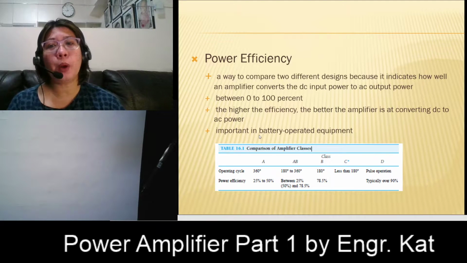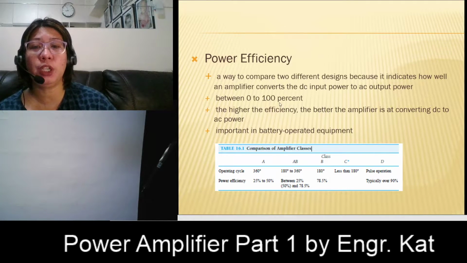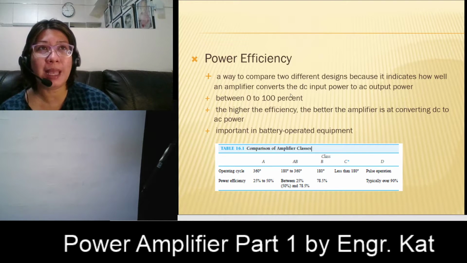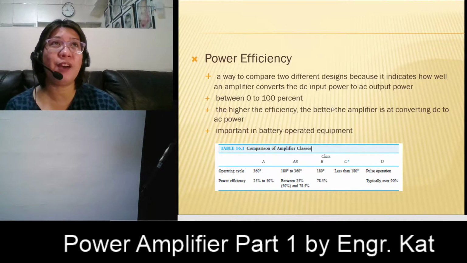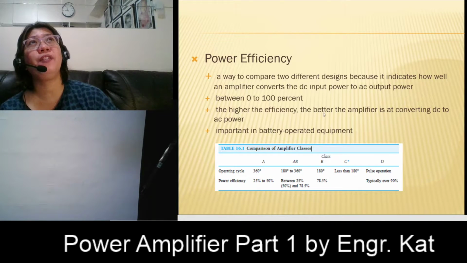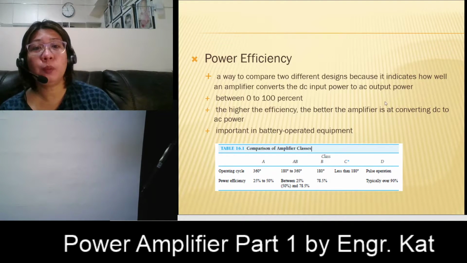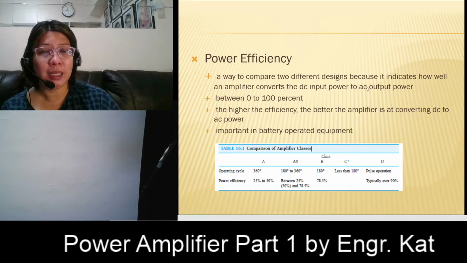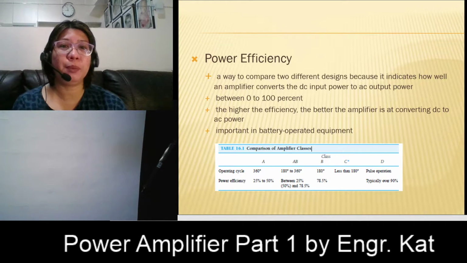The power efficiency lies between 0 to 100%. 100% is the highest, so it can never be greater than 100 because you cannot have an output AC that is greater than your input DC.